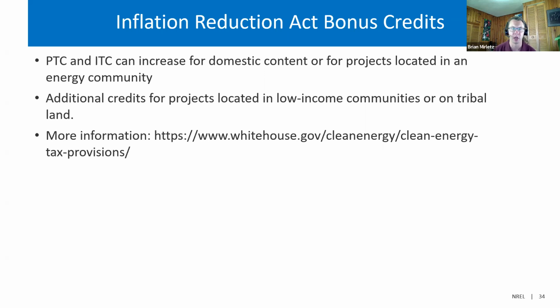And more information on this is available on this White House website here. I will say that ATB-calc will not help you determine what project credits are appropriate for your project, but once you've determined what the appropriate credits are that you want to analyze, we're providing this code to help you scale it up so you aren't doing SAM cases for every single year.